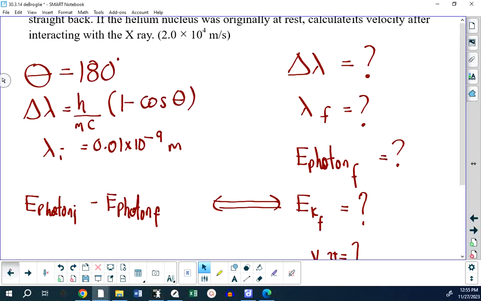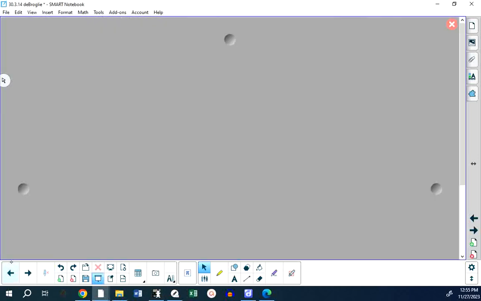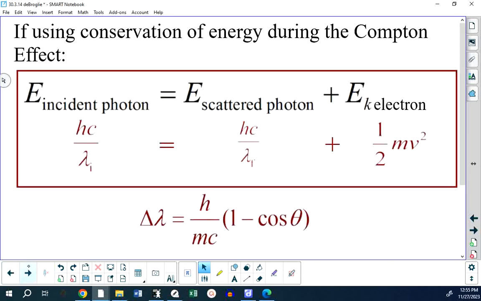The reason for that, I just want to go back to this, is this statement, right? The law of conservation of energy says initial equals final, so we have to subtract the final photon energy to get the leftover, which is the electron.